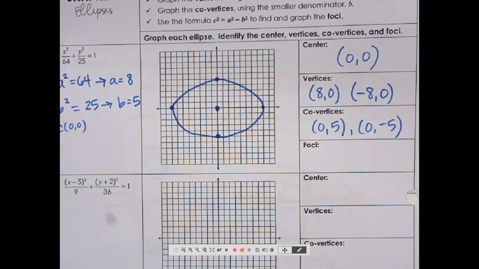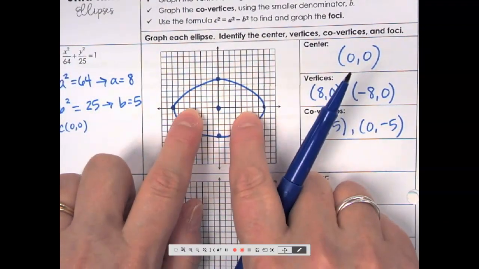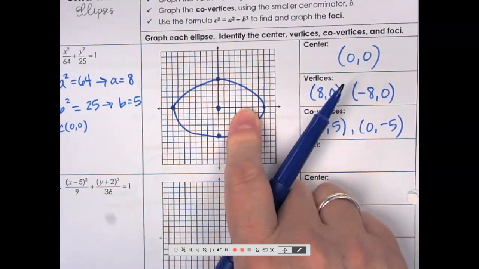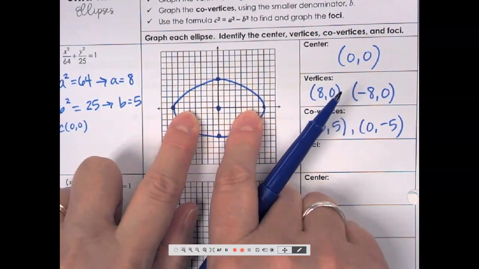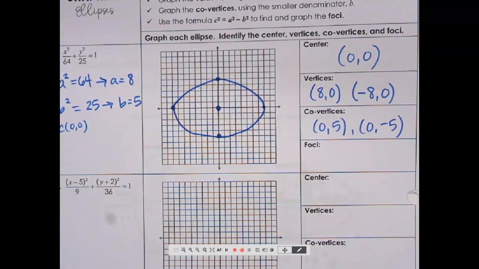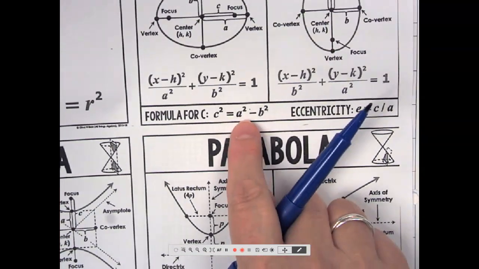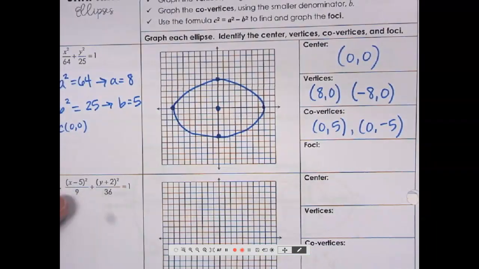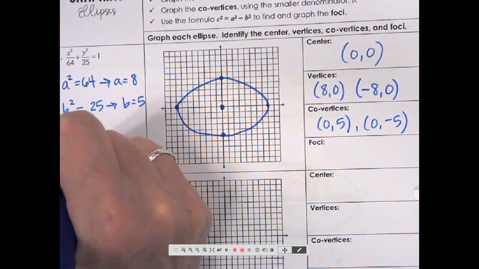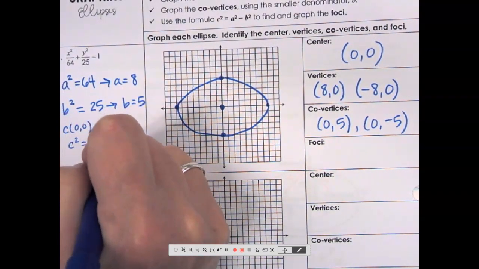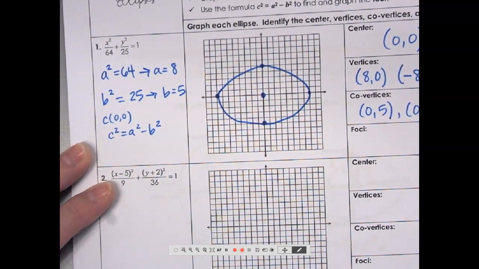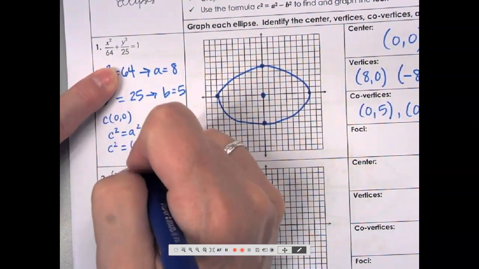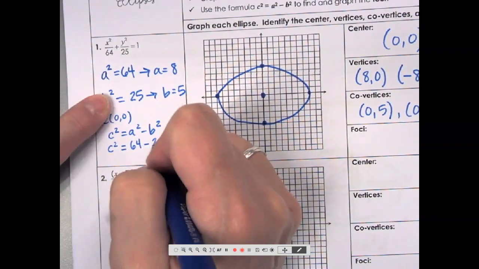Okay, so then the only other thing I need to know is what are these little key points that are so important, like with breaking up the kidney stone and in the whispering gallery? What are those focus points? Where are they located? That's where we pull in this equation right here. So c squared equals a squared minus b squared. Okay, that means that c squared is 64 minus 25.